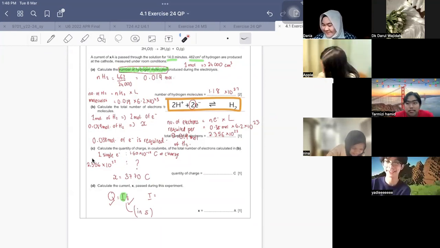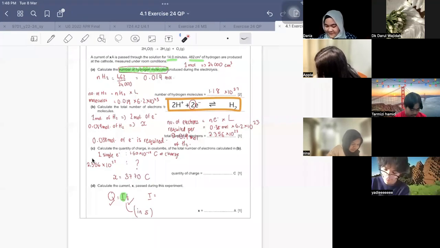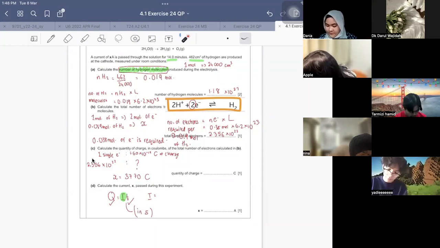Going back to part D, I want to find my current, because my current is at the moment X. That's my unknown. My Q, I found that it's 3,770 divided by the time, 14 times 60.